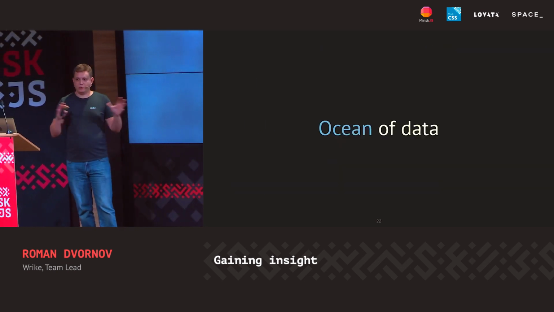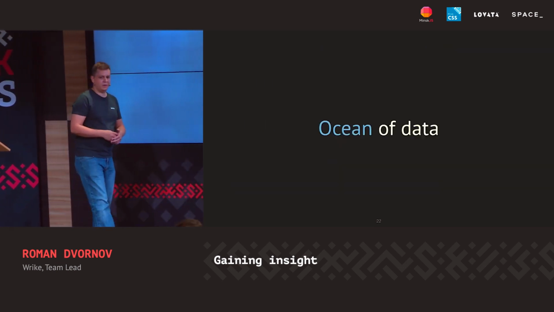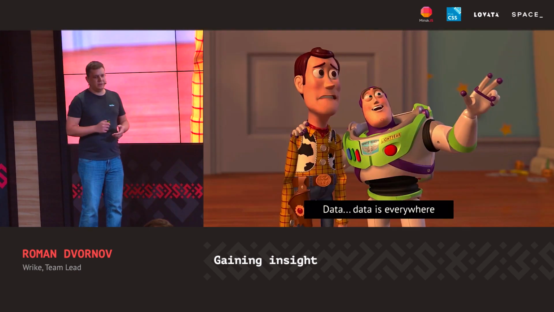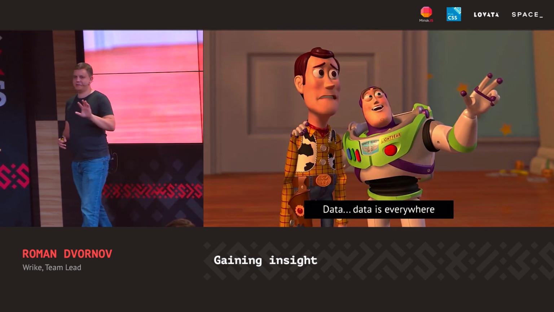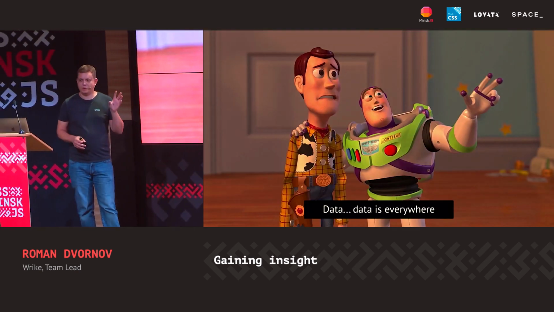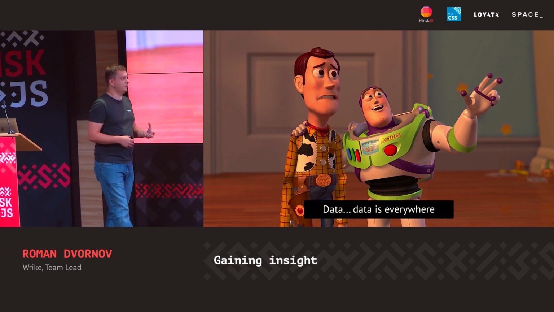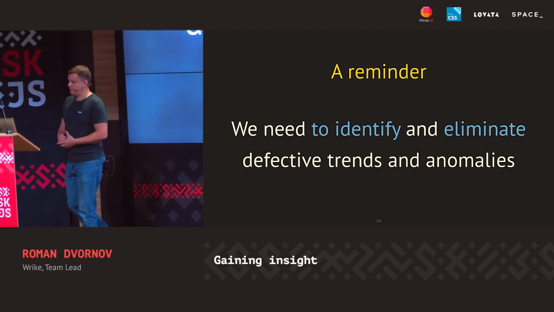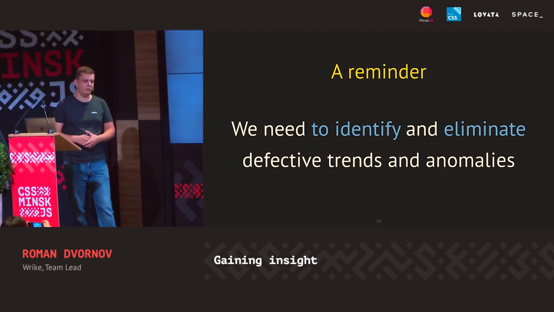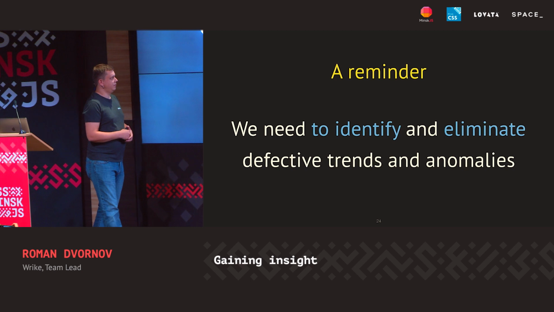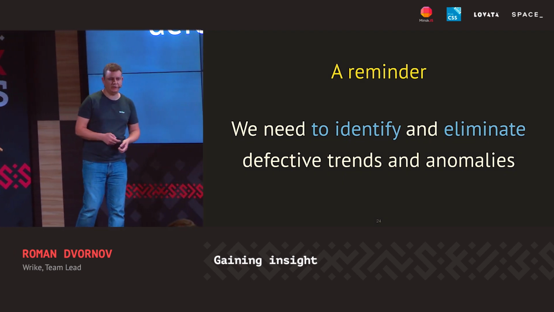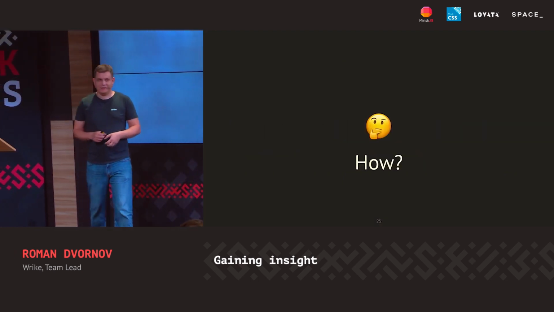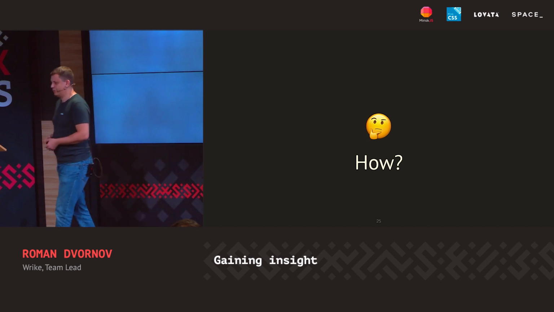Actually, it's an ocean of data around us as developers, and I can say that the data is everywhere. And a little reminder again, fuzzy R&D is about identifying and eliminating defective trends and anomalies. But how can we solve this problem?